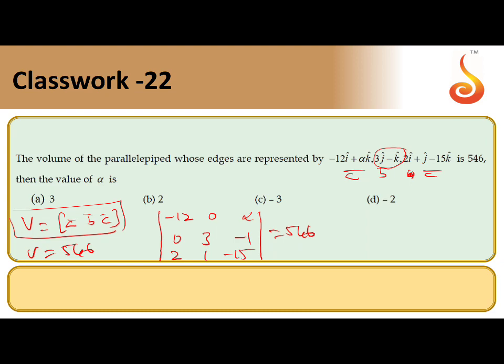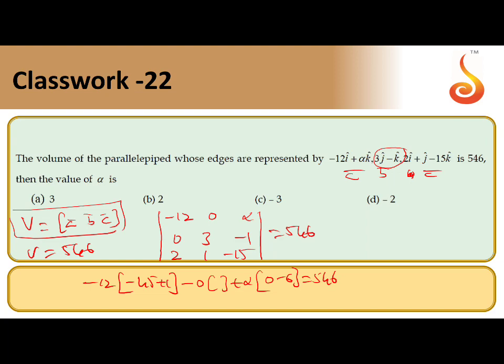Just look at this. I am solving the determinant. Minus 12 into minus 45 plus 1. Next, the second term is 0, leave it, plus alpha into 0 minus 6 equals 546. Now we can simplify.